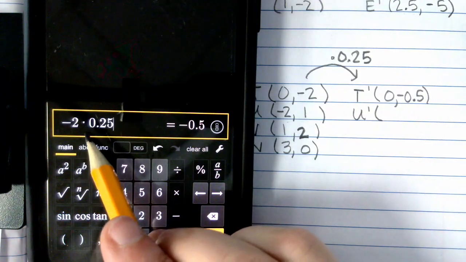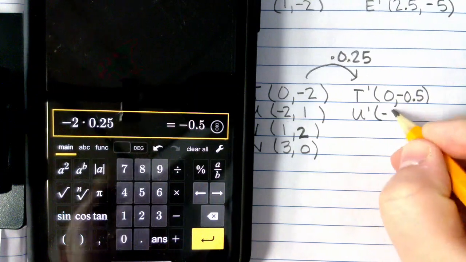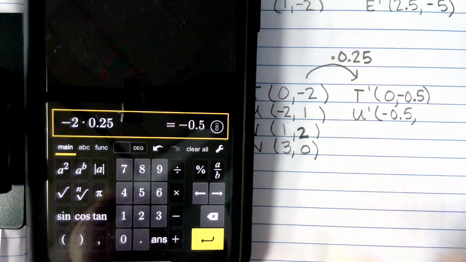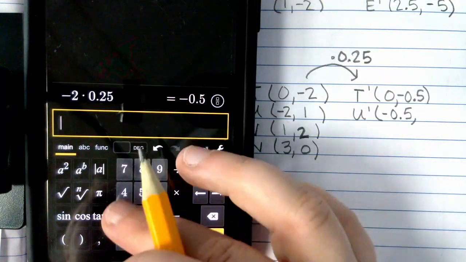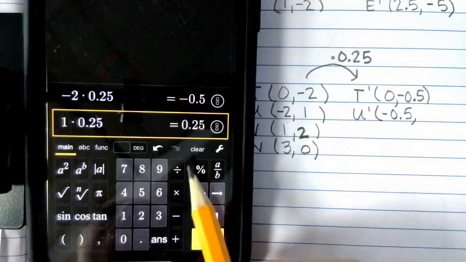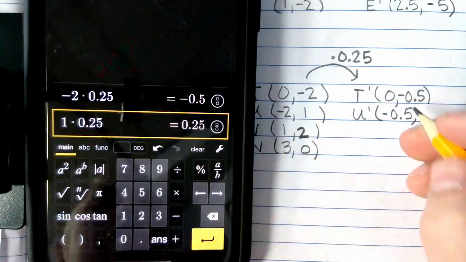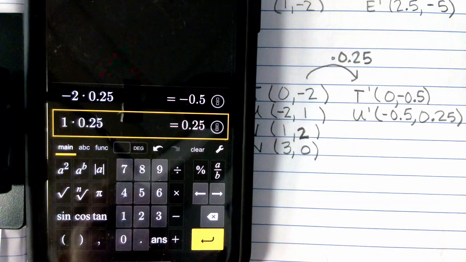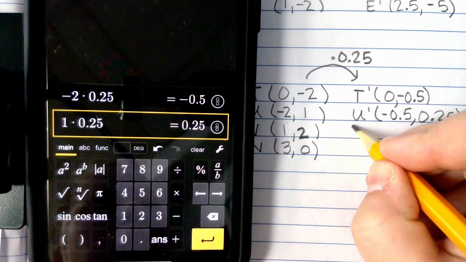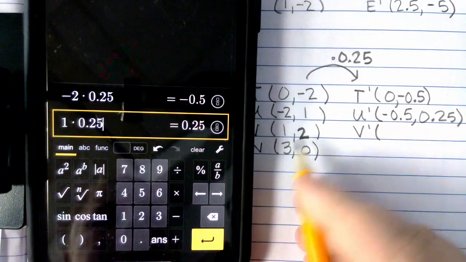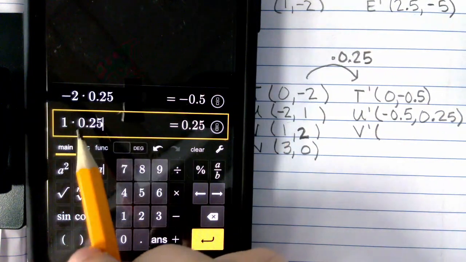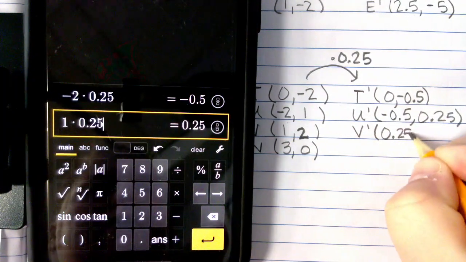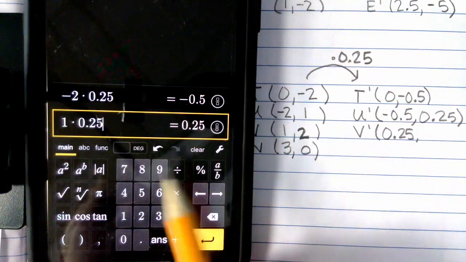And then 1 times 0.25. 1 times anything is what we started with, so it should be 0.25. V prime, again, it starts with that 1, so that's really nice because we just did that one. And 1 times 0.25 is 0.25. I almost did that too, so I'm just going to go back up to my decimals since I already have it listed. I'm just going to delete that negative, so that's a positive 2, and we get positive 0.5.